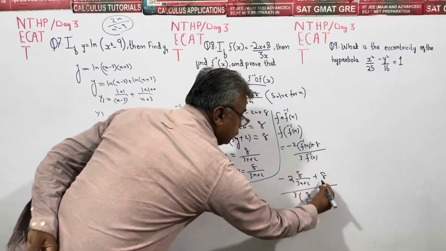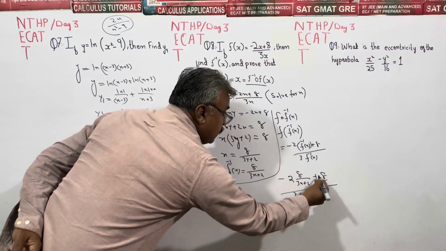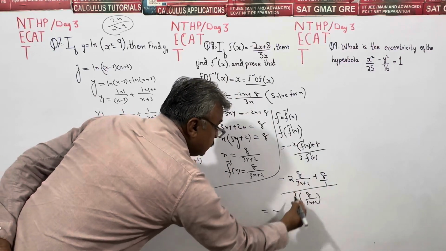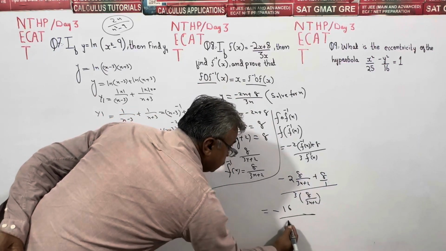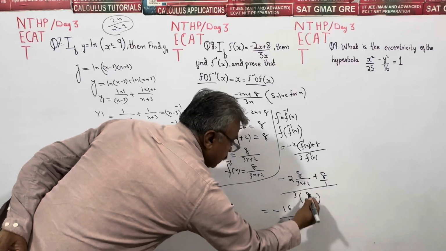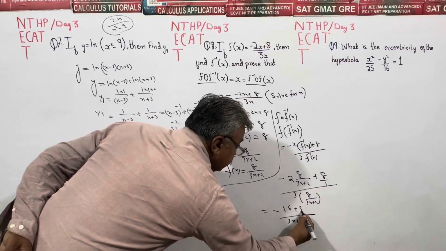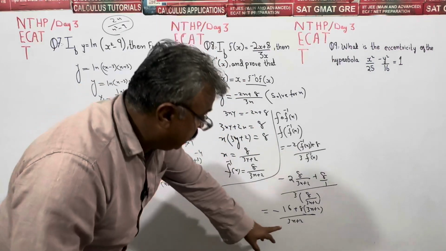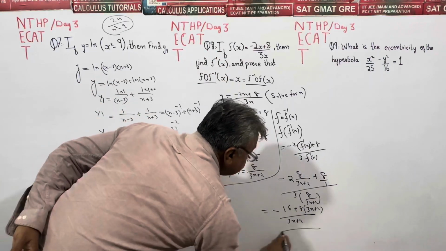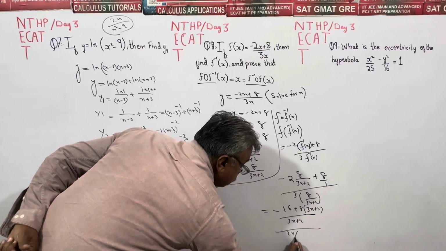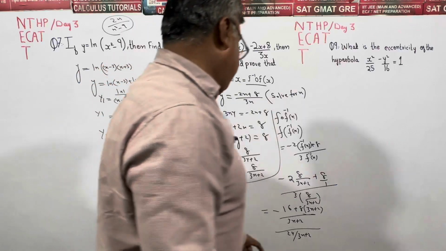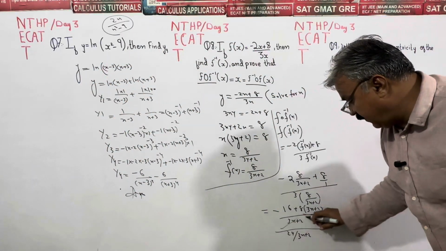Okay, take the LCM. The numerator gives 16 plus 8 times this bracket, and the denominator gives 24 over (3x minus 2). The denominators cancel out.